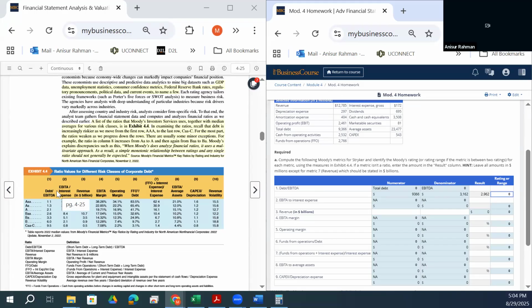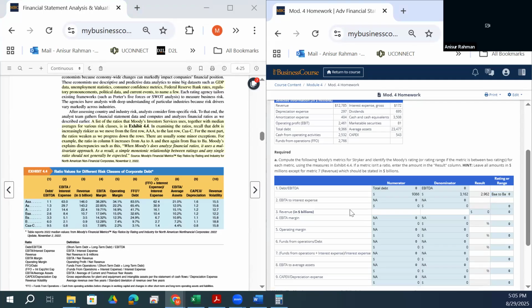Because debt is risky. So we have 2.96, which is between these two, 2.6 and 3.3, right? So the rating will be BAA to BA.